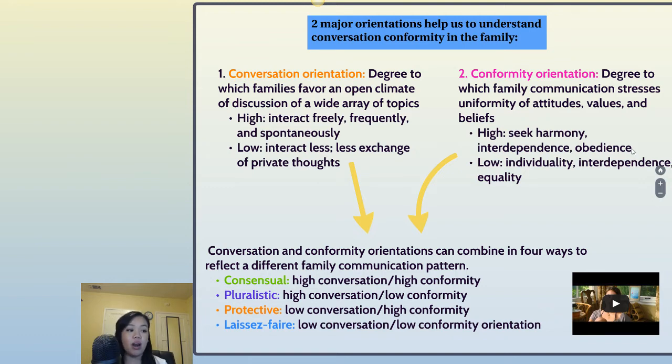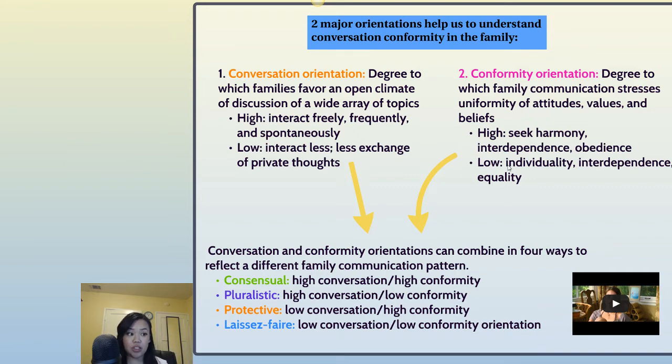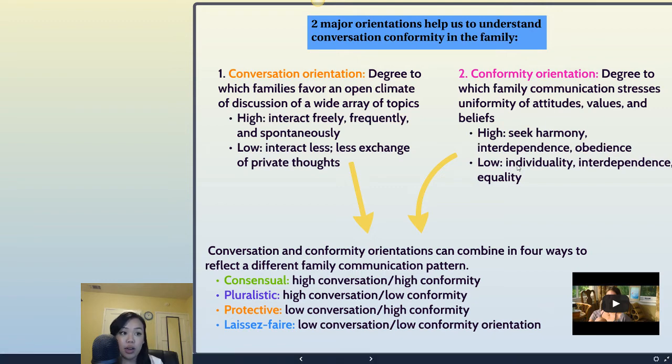Pluralistic families are high on conversation but low on conformity, meaning they talk a lot, freely and frequently, and there are no rules and boundaries on their expression of ideas and who gets to talk to whom. Protective families are low on conversation and high on conformity.